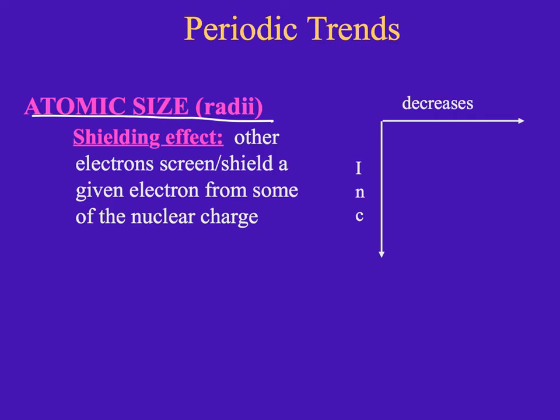Let me explain to you why we refer to the size as radii. Radii is plural for radius. Remember, your atoms' electrons are in these electron clouds, and clouds have fuzzy boundaries. They do not have a definite boundary, right? So they take 2 atoms, put them side by side.